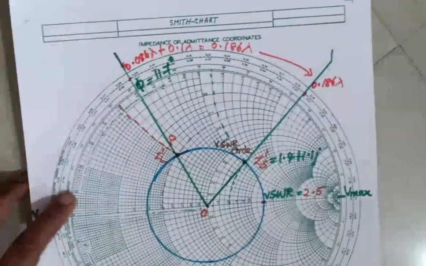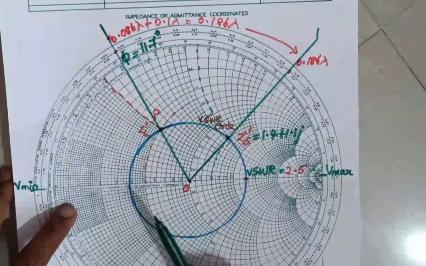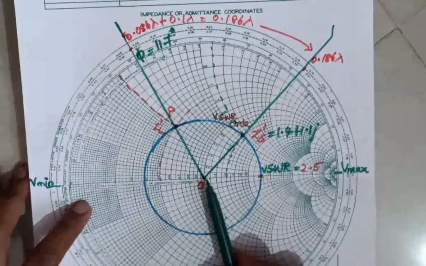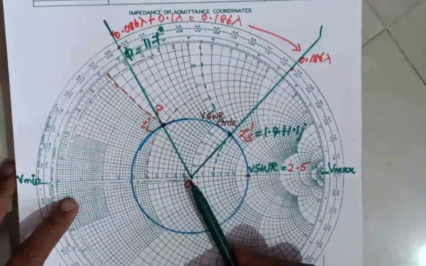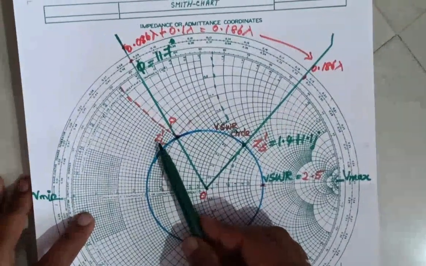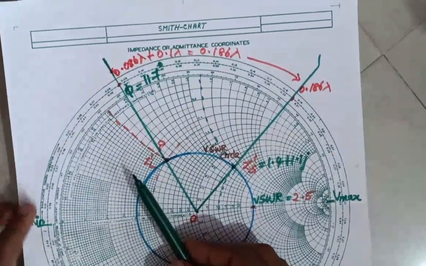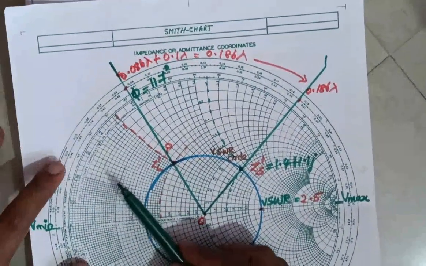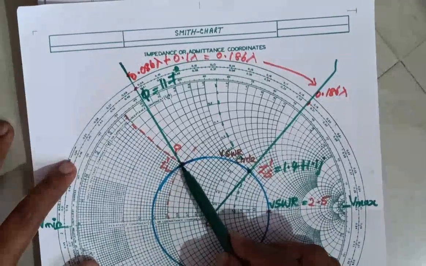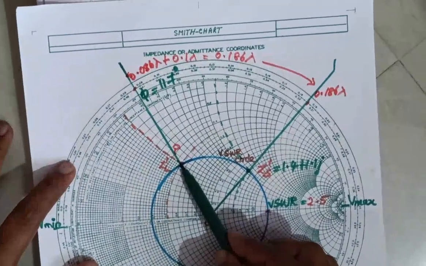First, a small recap. The first step to draw the Smith chart is to calculate the normalized impedance. The normalized load impedance is calculated by dividing the load impedance by the characteristic impedance Z0. Plot that value here.